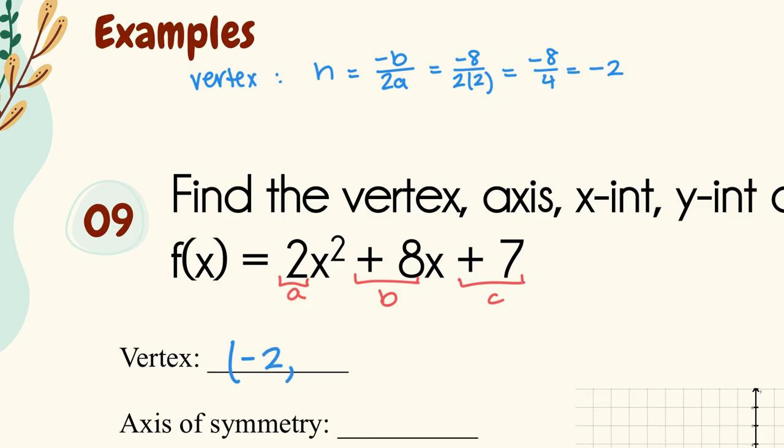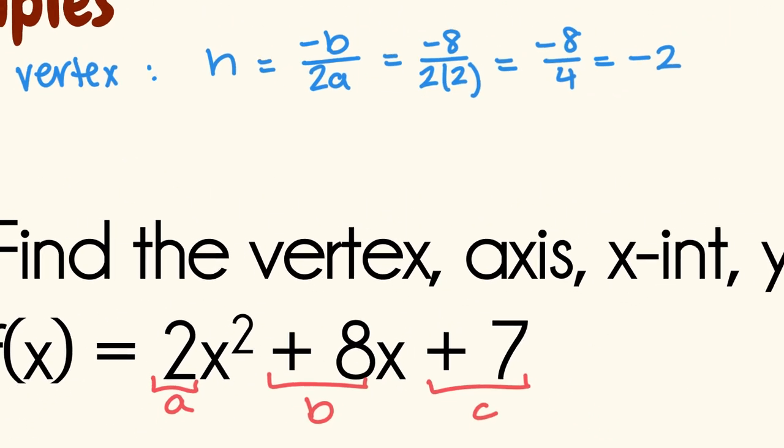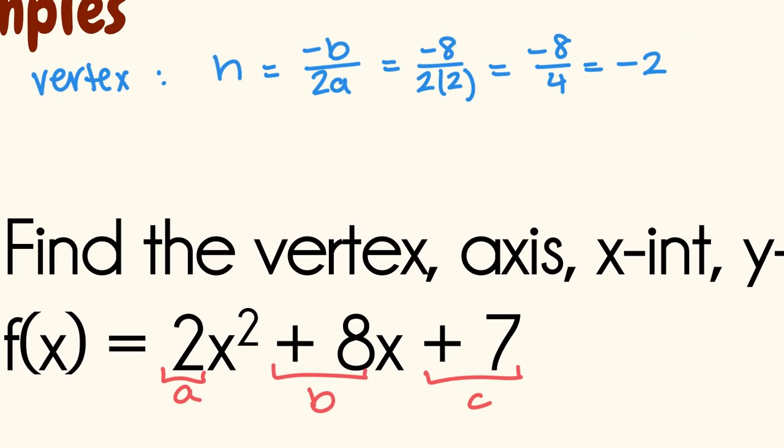Okay, now for my k, I'm going to plug it in. So if x is negative 2, I'm going to plug in for my k: 2 times negative 2. Keep in mind I'm putting parentheses because that squared is distributing to negative 2 only. Plus 8 times negative 2 plus 7.